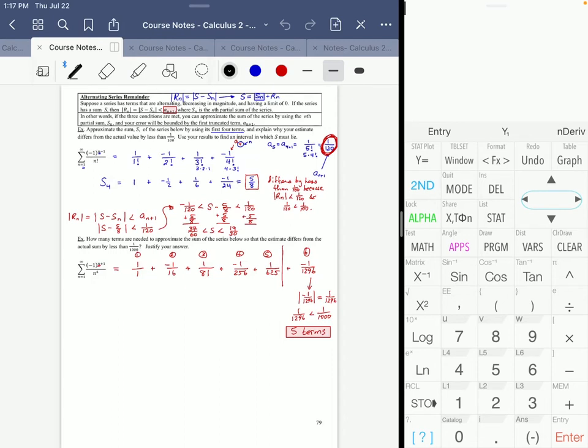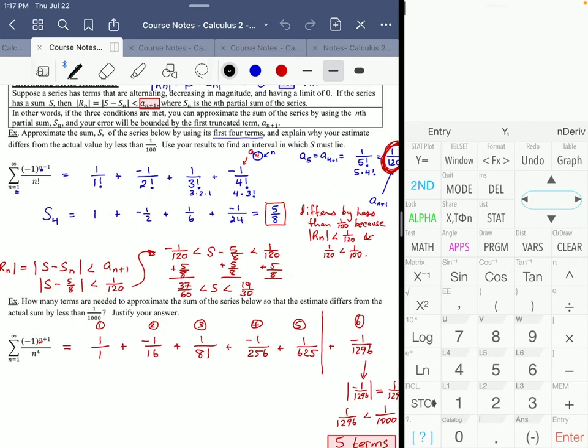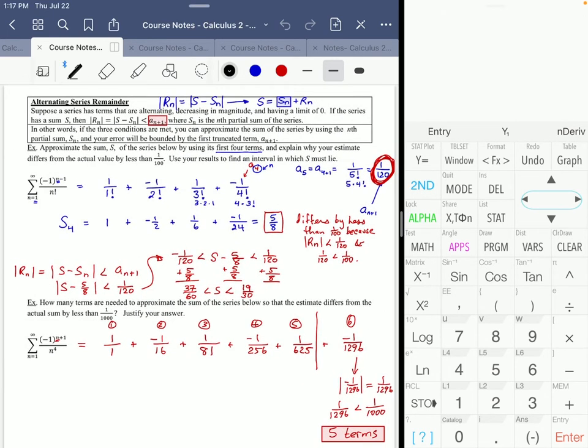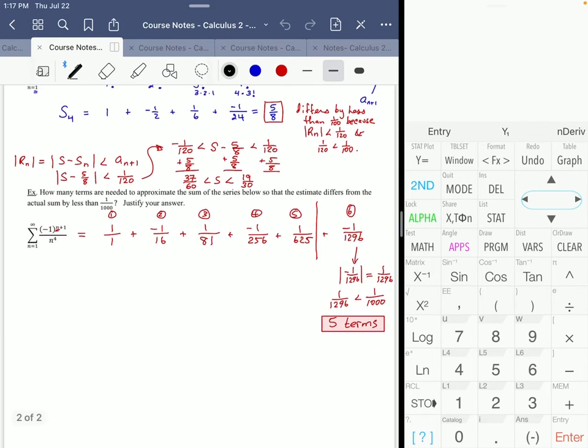But first, I wanted to bring us back to page 79, which gives a quick refresher on the alternating series remainder. That's just the idea that if we have a certain number of terms of a partial sum, the n plus 1 term is the most that the remainder in the partial sum could ever be. So we have that to rely upon.